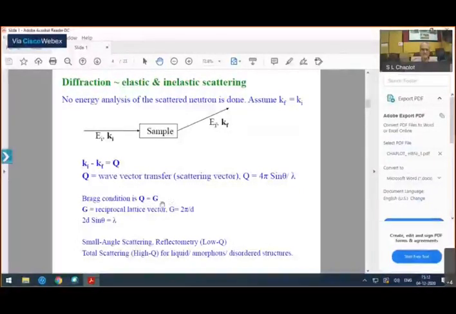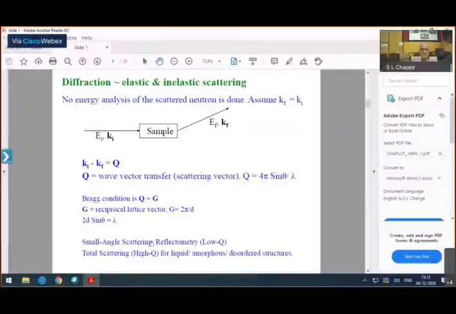At the Bragg condition, it is very large because there is very constructive interference because of the periodic structure. But one also has the so-called small angle scattering, or what one measures in reflectometry. This is at a very small angle, much below where you get the Bragg reflection, and that is normally referred to as low Q scattering.